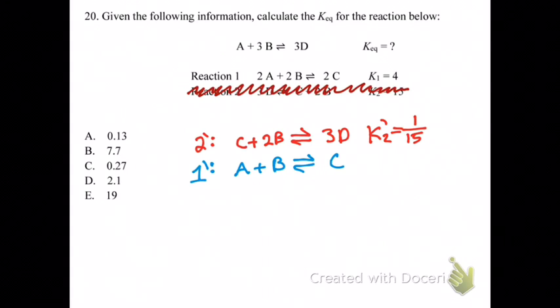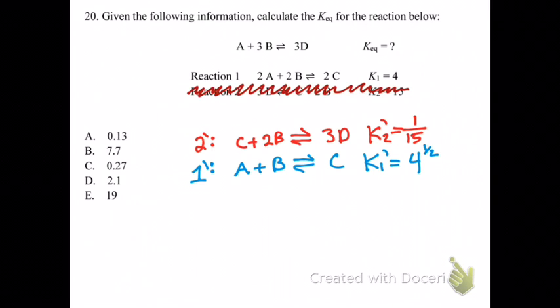And whenever you cut the coefficients in half, all you have to do to the Keq, so I'm going to call this K1 prime, is, so K1 was 4, we just have to take this to the 1/2 power. So anytime you manipulate the coefficients, by whatever factor you change them by, you take Keq to that power, you raise it to that power.